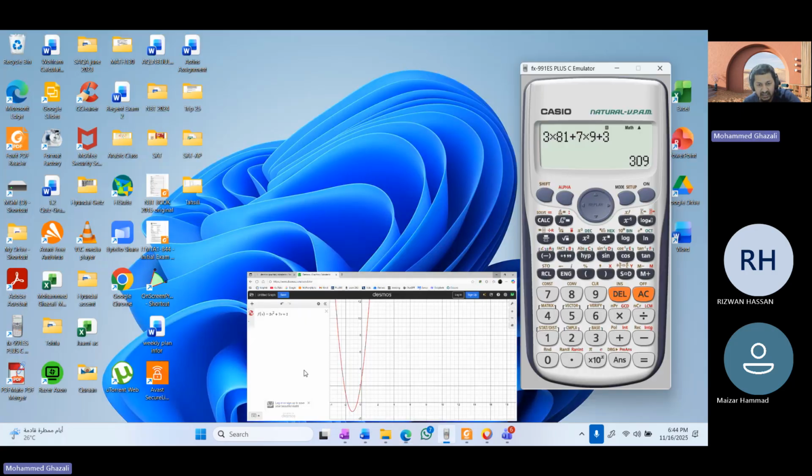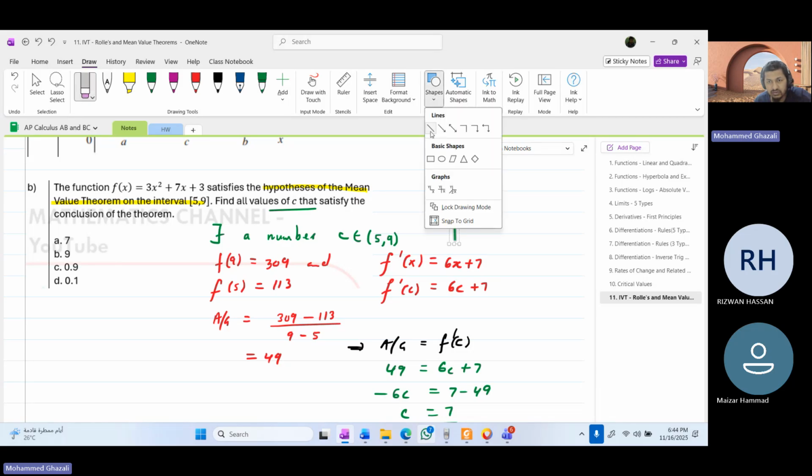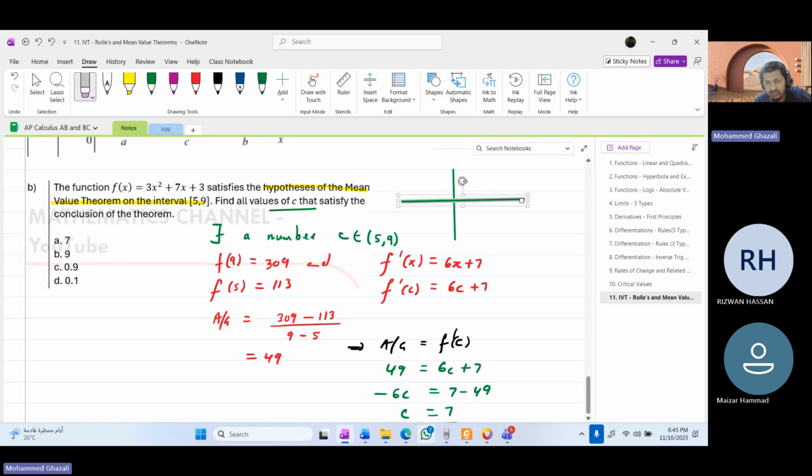So what we are saying here, let me draw it by general theory, right? For understanding purposes, it's important that we know this function is already sloping upwards. And for 5 and 9, the value of 5 is giving me 113.